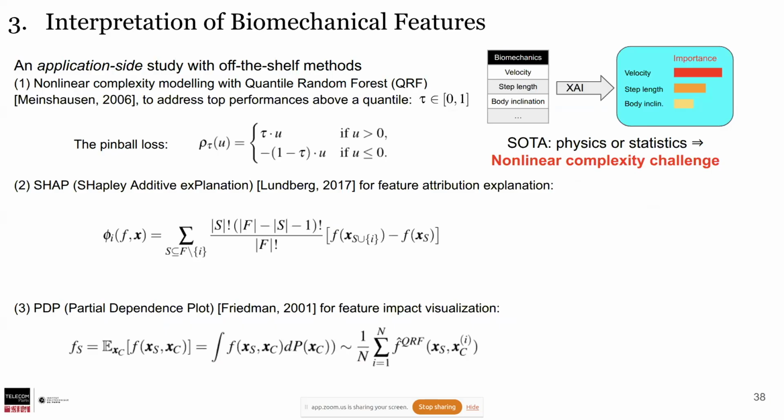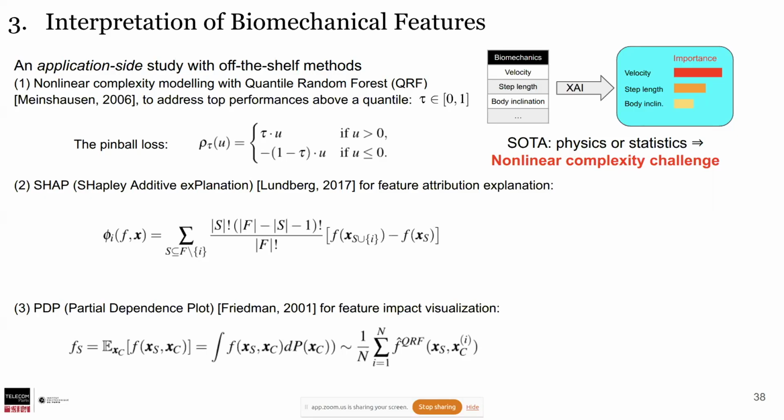As we addressed previously, experts currently study this with physics or statistics, which is some statistical regression, which is not sufficient to describe the nonlinear complexity of the relationship between features and the athlete performance. So first, we propose to use a quantile regression forest. Here we use the quantile regression method, which is different from normal regression.